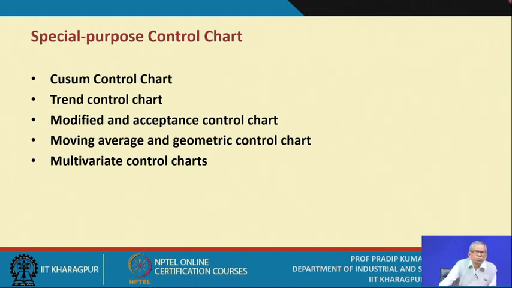That means these two control charts must be used simultaneously. Then we have the moving average and the geometric moving average control charts. Geometric or exponentially weighted moving average control chart also you can use, and the last one is the multivariate control charts. There are many varieties, so the important varieties we will be discussing later on.